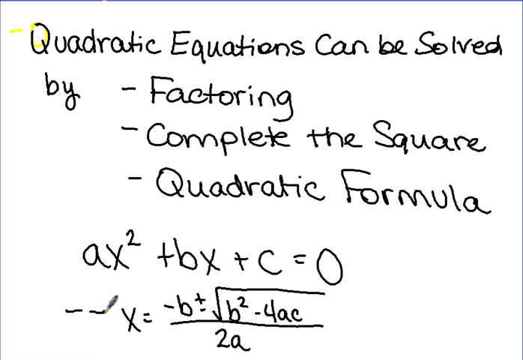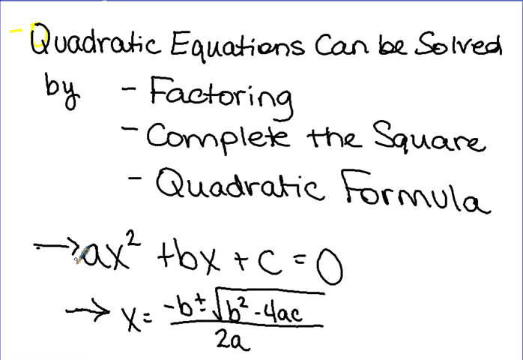This equation here is derived by doing completing the square on the first equation, ax squared plus bx plus c. What we're going to be doing is taking quadratic equations and plugging in a, b, and c numbers, constant terms, into the equation to solve for x.